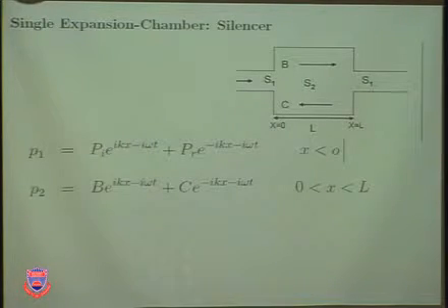Inside the silencer, or the cavity, we have, once again, an incident and reflected wave, just with different amplitudes. We don't know what these amplitudes are yet. And finally, we have a transmitted wave.